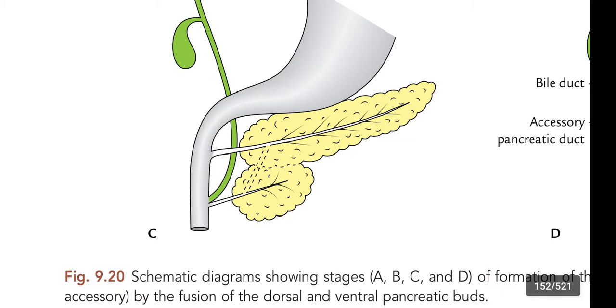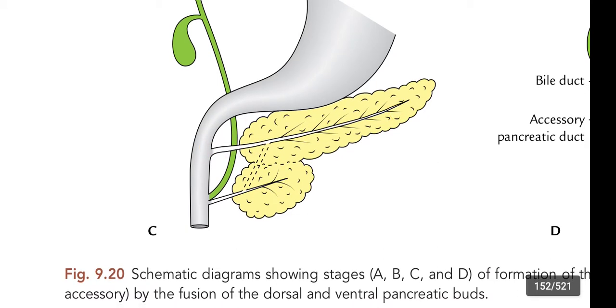In this stage, both ventral and dorsal pancreatic buds fuse and form one main pancreas, and the duct of dorsal pancreatic bud forms the main pancreatic duct. Okay, main pancreatic duct is formed from the dorsal pancreatic bud.